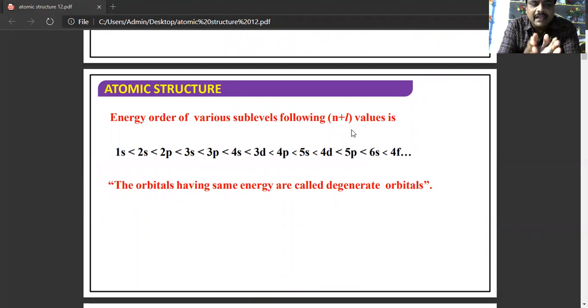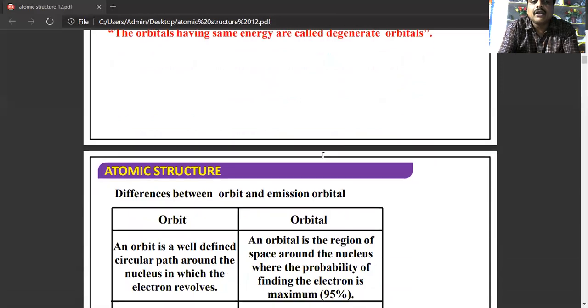So this is the energy order of various sublevels, following the n plus l rule, that is principal quantum number plus azimuthal quantum number. The orbitals which have the same energy are known as degenerate orbitals.